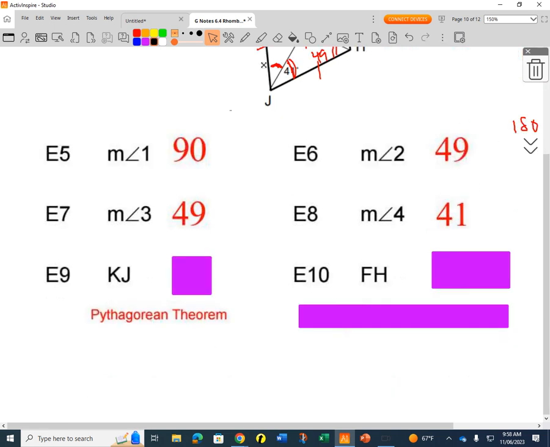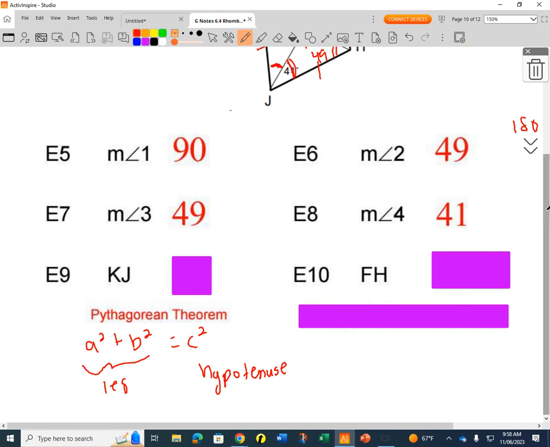So the formula is a squared plus b squared equals c squared, where a and b are the legs. If we know one leg and the hypotenuse, we can solve for the other leg. If we know the two legs, we can solve for the length of the hypotenuse.